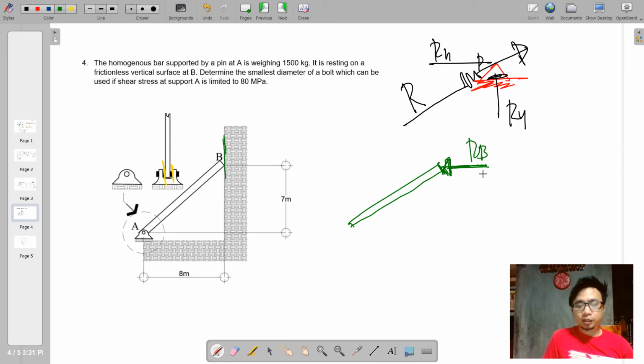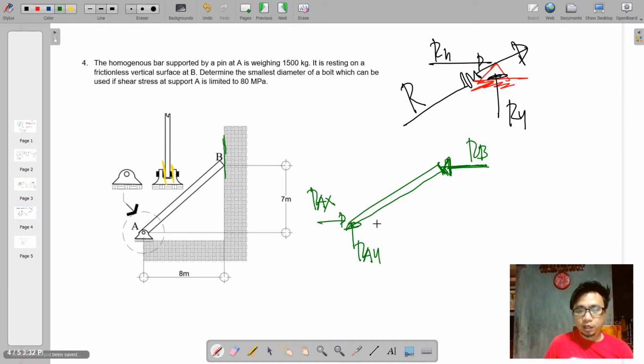Say this is reaction at B. And for the pin connection, there will be RAY and RAX. So basically, we'll just use the equilibrium equations to come up with RAX and RAY.